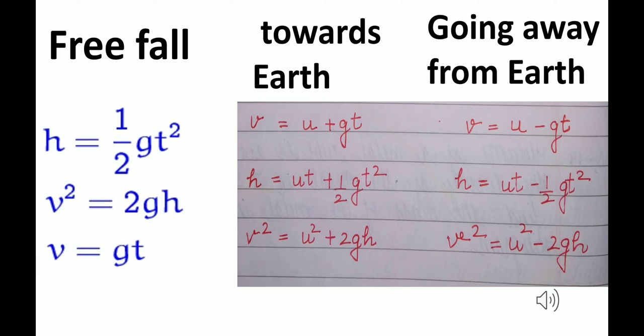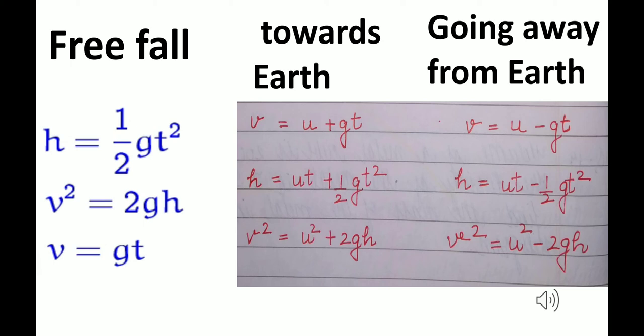Acceleration due to gravity is in the opposite direction, and hence v = u - gt, h = ut - (1/2)gt², and v² = u² - 2gh. So wherever we have g, g is replaced by -g.